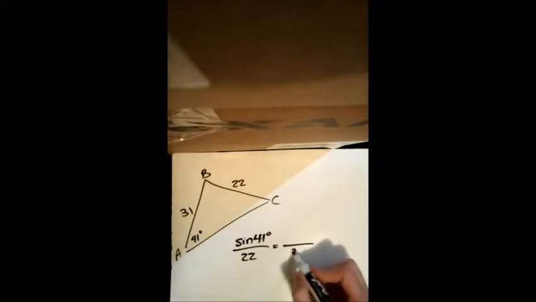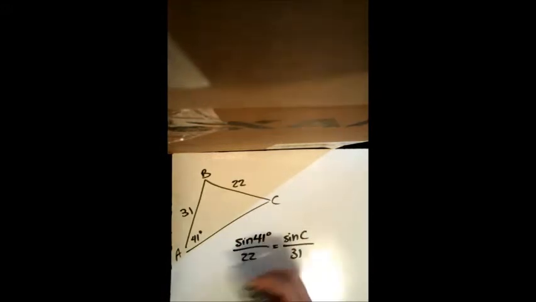We do know side C is 31, but we don't know what angle C is. We're going to have to solve for it. But we can set up this proportion here, and that gives us an equation to use to solve for angle C. So the way you're going to do that is we need to get sine of C by itself. I can do that by multiplying both sides of this equation by 31.